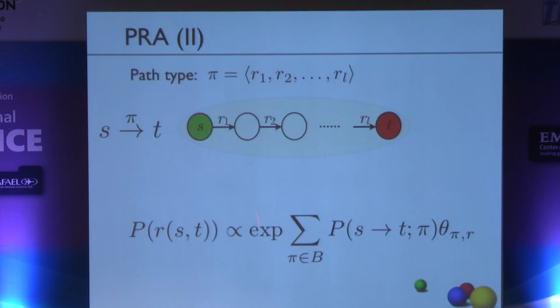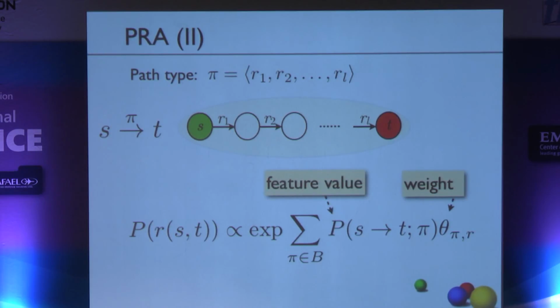Well, it's going to be proportional to a linear model where you have some parameters to be learned, theta, and the probability that the random walk would actually take me from S to T. So you weight by the probability of the random walk, and then these parameters tell you, if I were to get from S to T in my random walk, how much would I like that as evidence for the relation R obtaining between S and T?